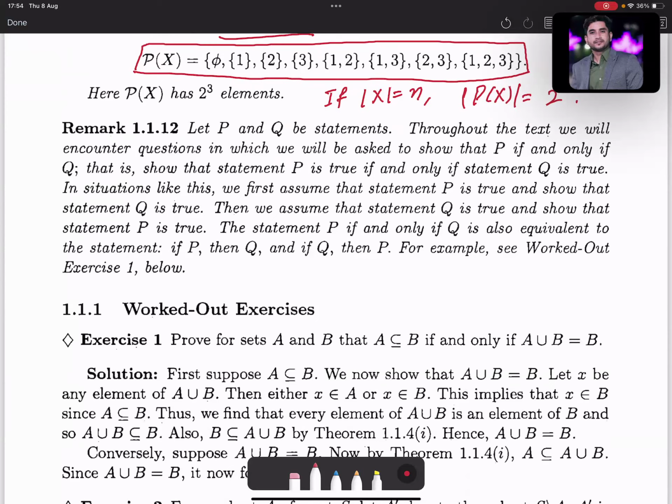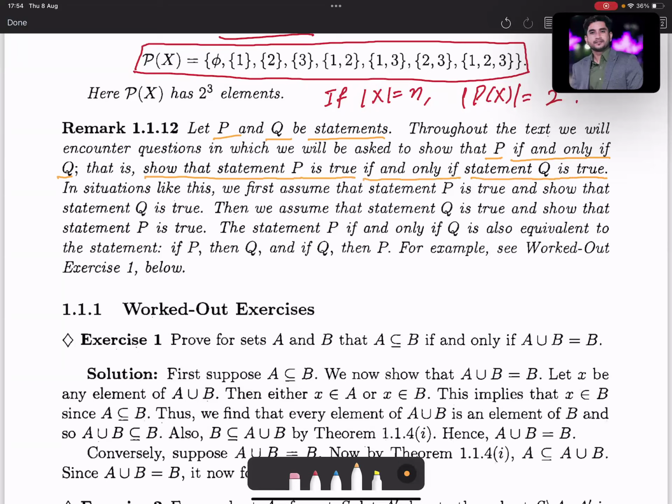Remark. So let P and Q be some statements. Throughout the test, we will encounter questions in which we will be asked to show that P if and only if Q. That is, show that the statement P is true if and only if statement Q is true.